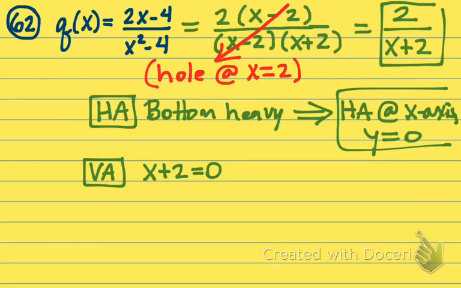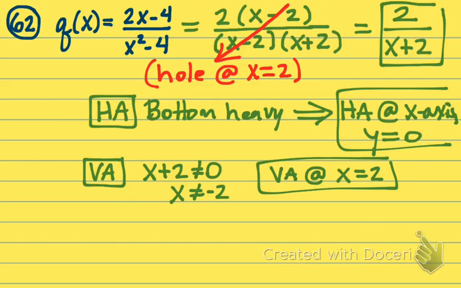But remember, when you're setting the bottom equal to 0, if you want to write a definitive statement, you can make it not equal to 0. You're just responsible for making sure you know what you're talking about. Then we subtract 2 from both sides and figure out that x can't be -2 in this problem, which tells me that's where my vertical asymptote is, because by definition that's what a vertical asymptote tells us. So we have a vertical asymptote at x equals -2.